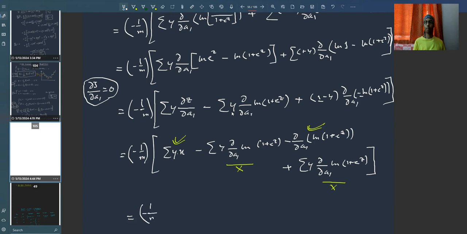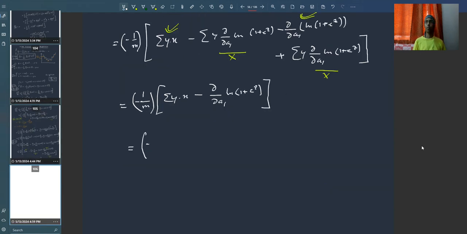Minus 1 by m sum of y x minus del a1 of natural log 1 plus e to the power z.